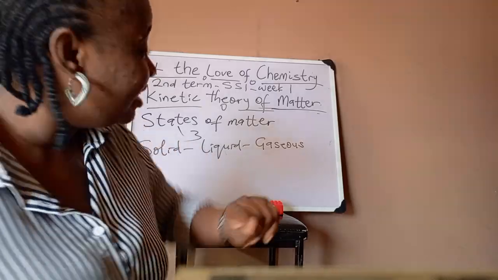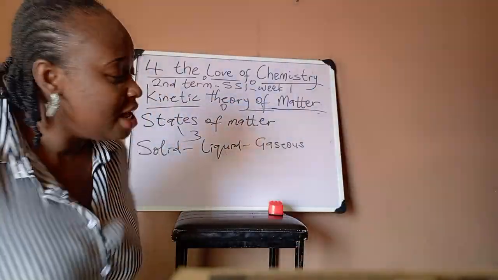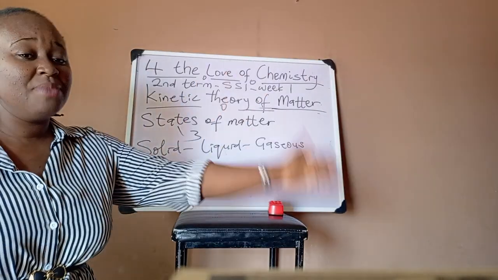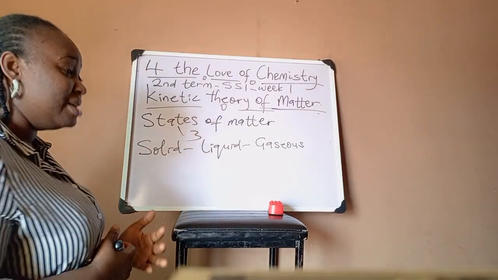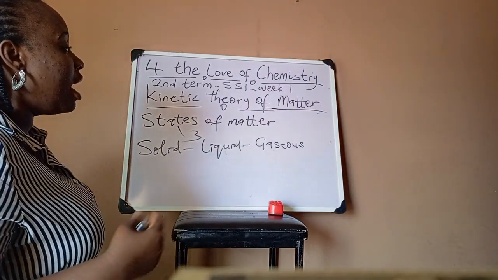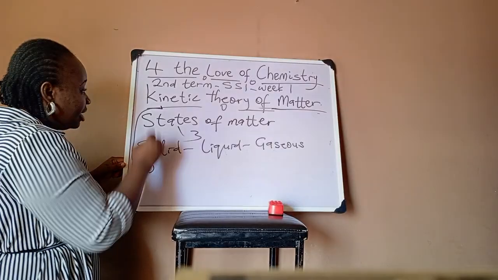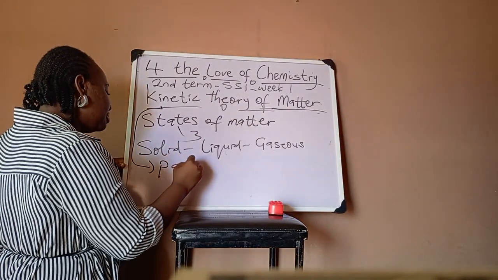Remember I said that when you hear of kinetic, you talk about movement. So the kinetic theory of matter postulates that these particles of matter are constantly moving, therefore they do what? They possess kinetic energy.